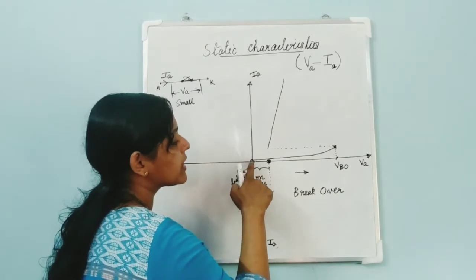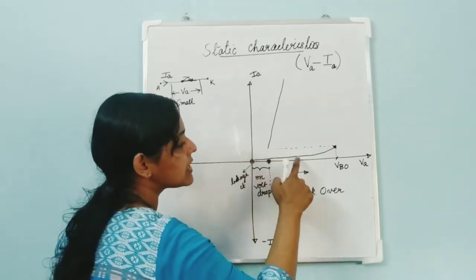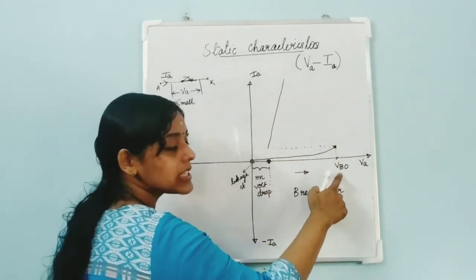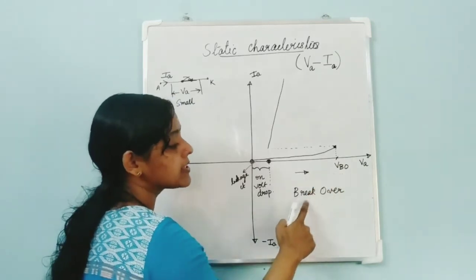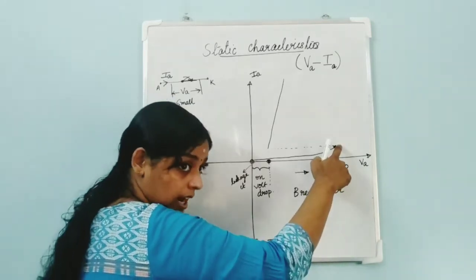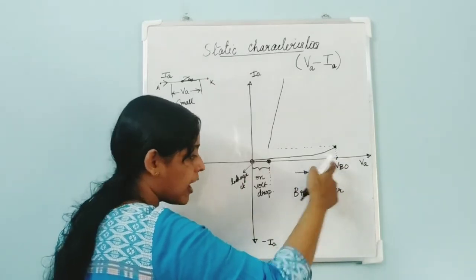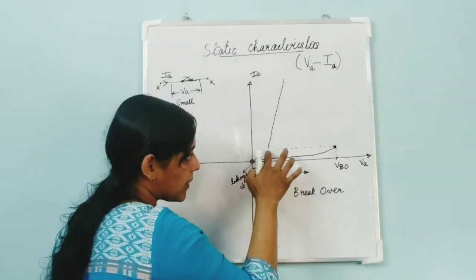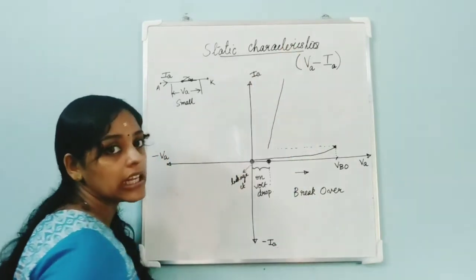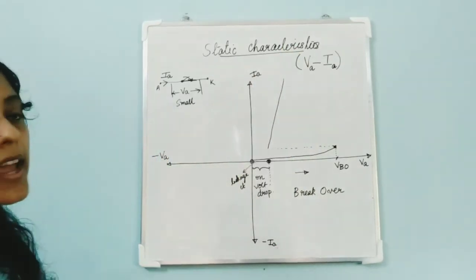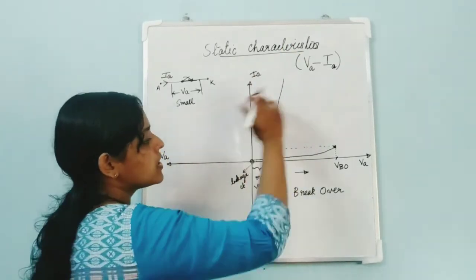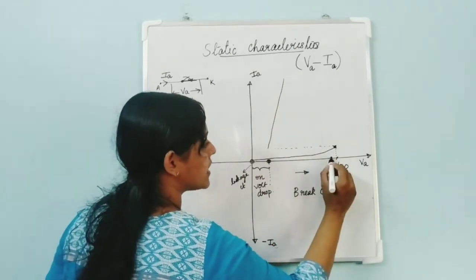When the applied voltage increases, the current also starts increasing. And when the voltage reaches a maximum value, that is the breakover voltage, the device conducts. Once the device conducts, the voltage shifts from a high value to a very low value. And from here onwards, the current starts increasing.